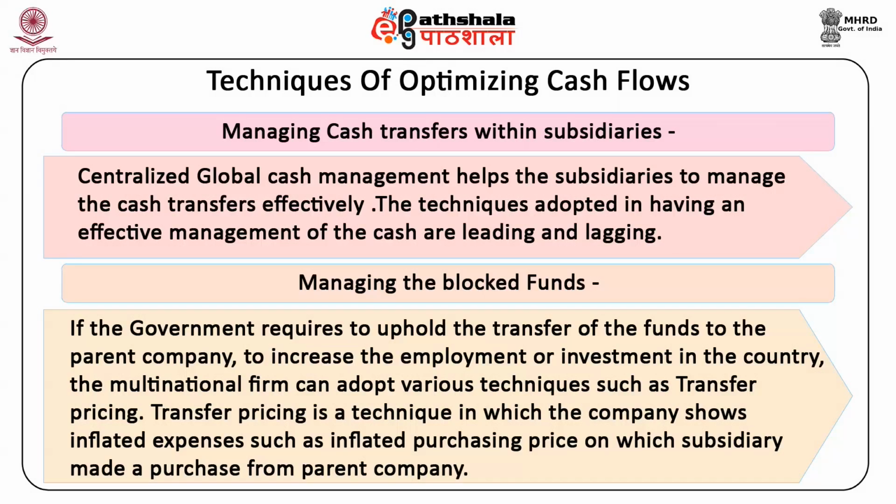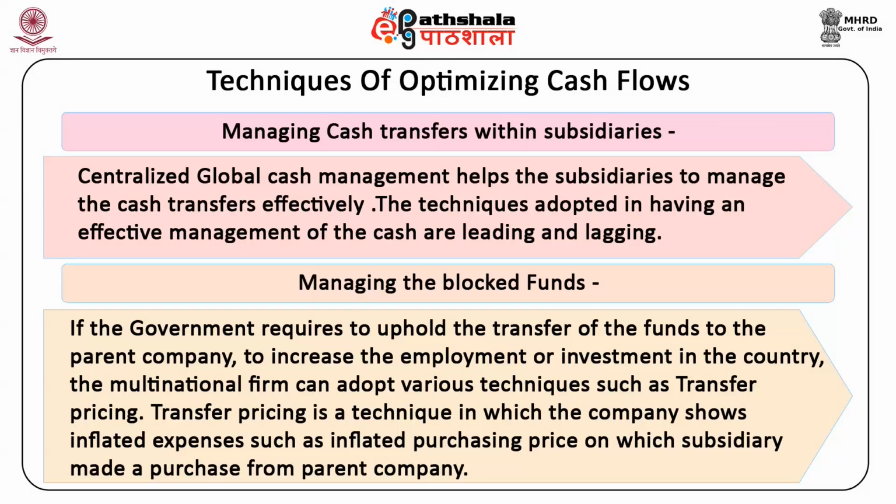Transfer pricing is a technique in which the company shows inflated expenses such as inflated purchasing price on which the subsidiary made a purchase from the parent company. In this technique, the subsidiary is not showing transfer of the funds directly. However, the funds are getting transferred to the parent company indirectly by the name of purchases.